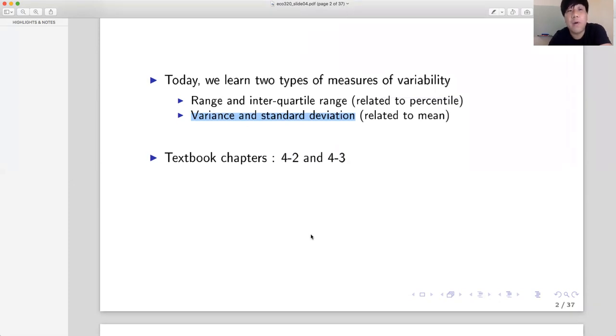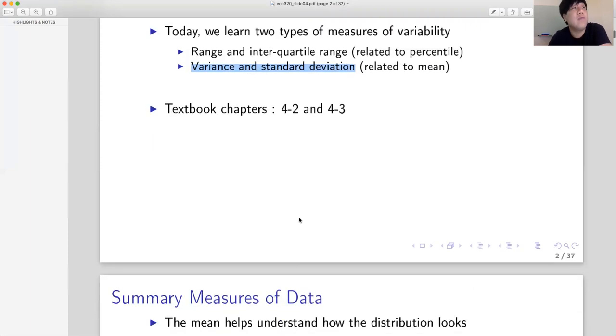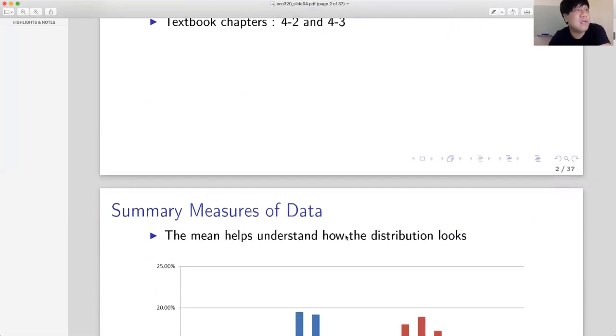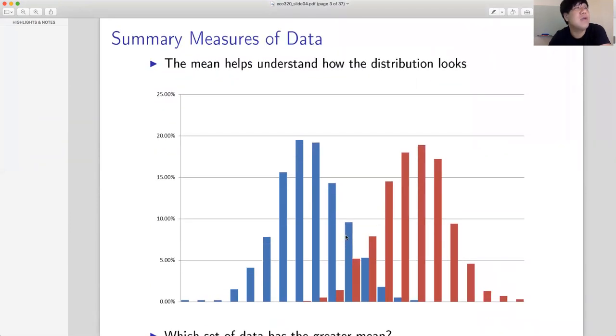Later, when you discuss the term project, which I will describe sometime in October or something like that, you might want to discuss the variability of your data sets, the standard deviation, and the mean, etc. I will give you more examples later.